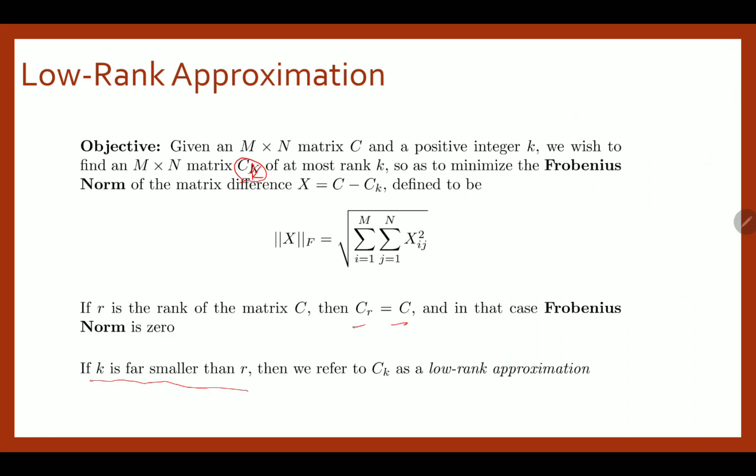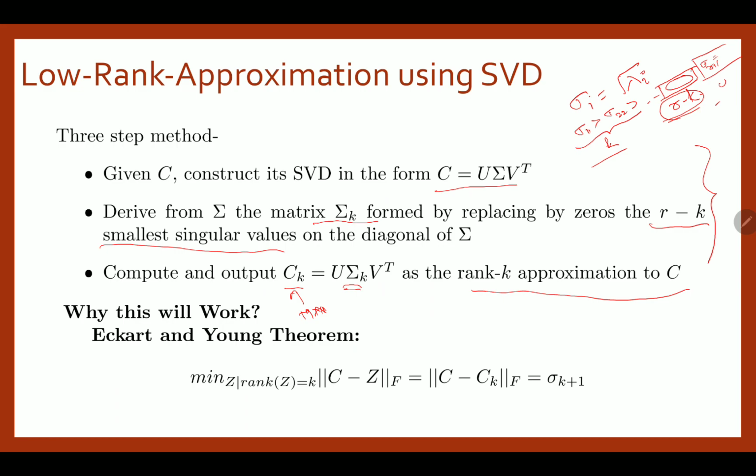Why will this work? It will work because the Eckart-Young theorem says that if you want to obtain a matrix Z of rank K that minimizes the Frobenius norm of the matrix difference, then the Ck matrix as obtained by the steps described here is the one, and this difference is basically sigma K plus 1.